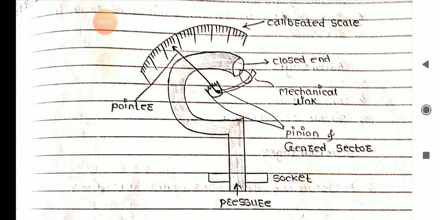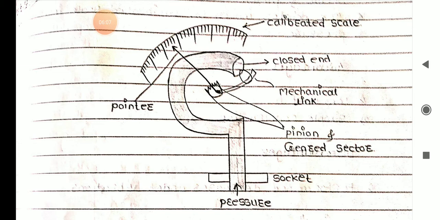Second point, in the C-type Bourdon tube, one end of the tube is closed and the other end of the tube is fixed. So there are two ends: one end is closed, and the other end is fixed.